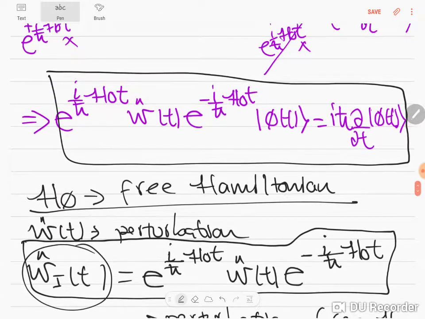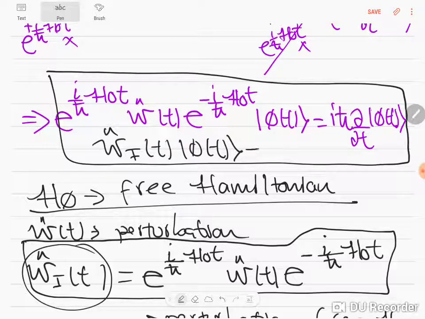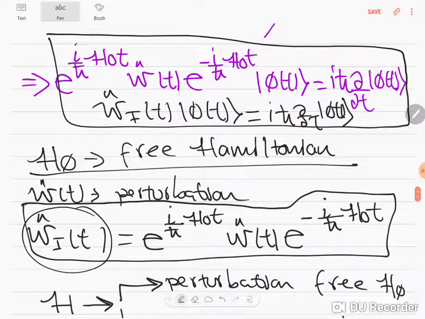That this equation here that we have in purple, in the interaction picture, is W_I of t phi of t equal to iħ time derivative of phi of t. This is in the interaction picture.